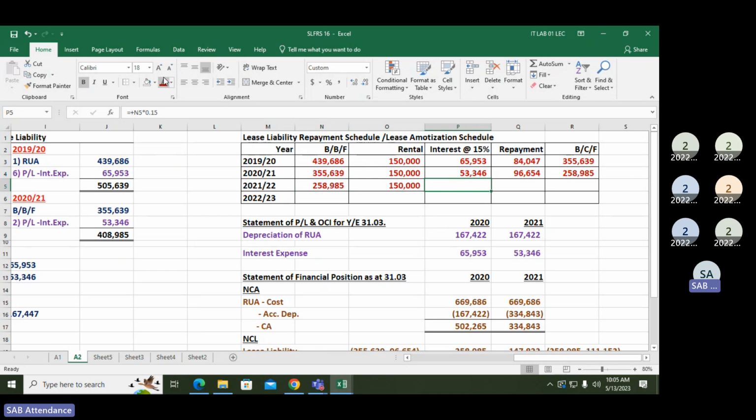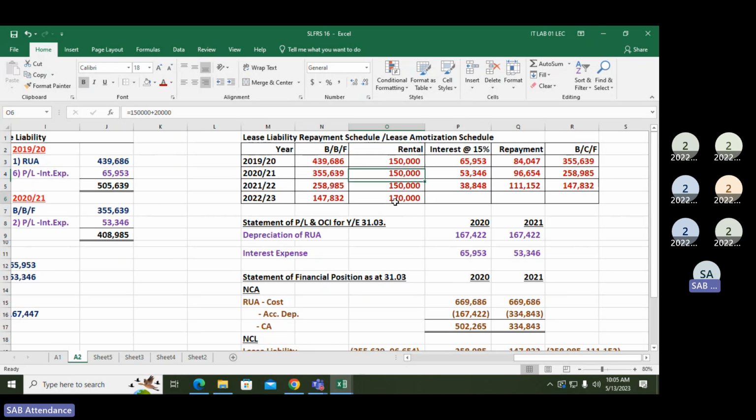This opening balance 15%, 38, interest. Repayment 150 minus interest. So opening balance minus repayment will get the carried forward balance. So 147 opening balance.